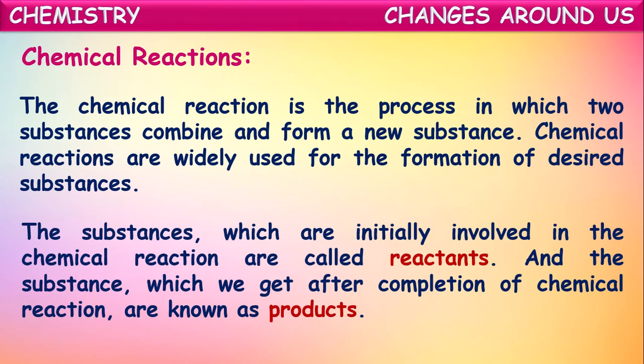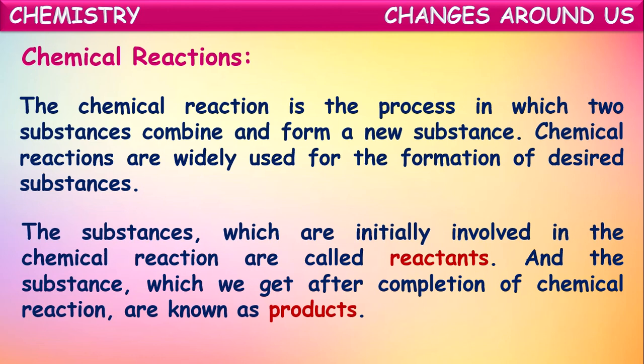The substances which are initially involved in the chemical reaction are called reactants, and the substances which we get after completion of the chemical reaction are known as products. For example, in the preparation of ammonia from nitrogen and hydrogen, we take nitrogen and hydrogen to react with each other.